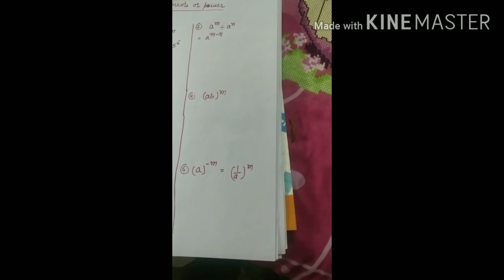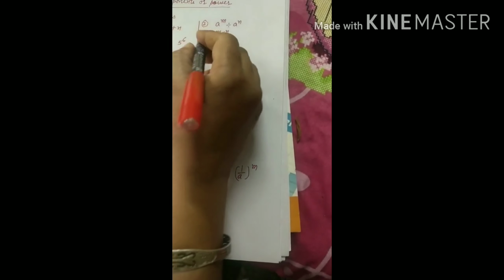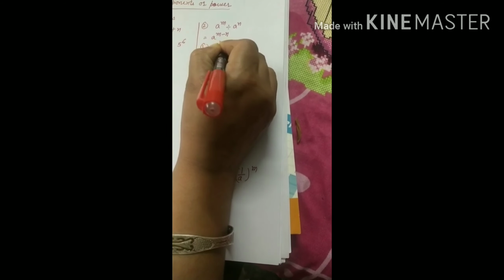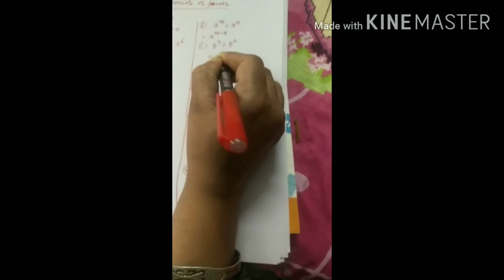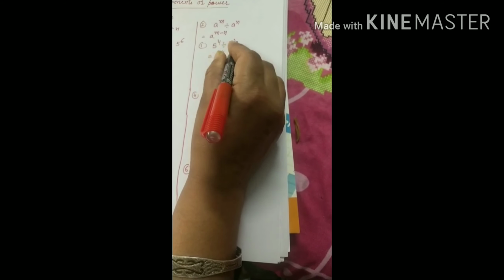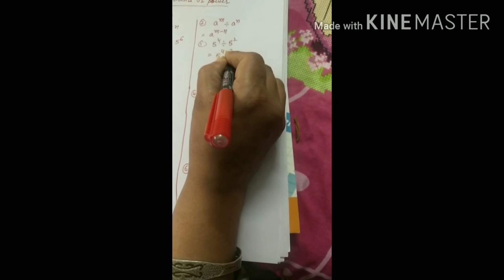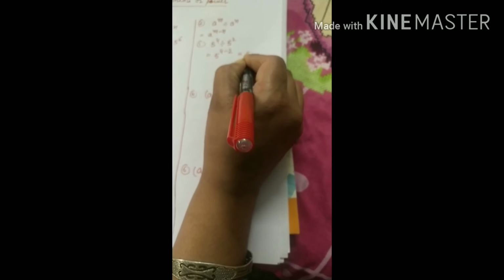So a power m minus n. The first example is 5 power 4 divided by 5 power 2. Take the base 5, and subtract the powers, 4 minus 2, then it becomes 5 power 2.